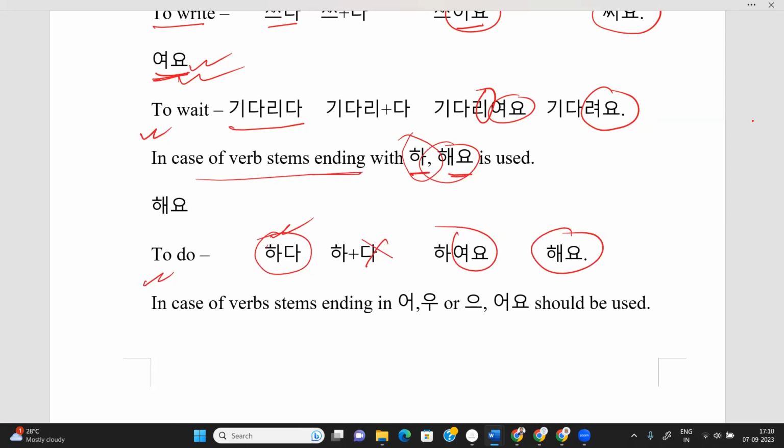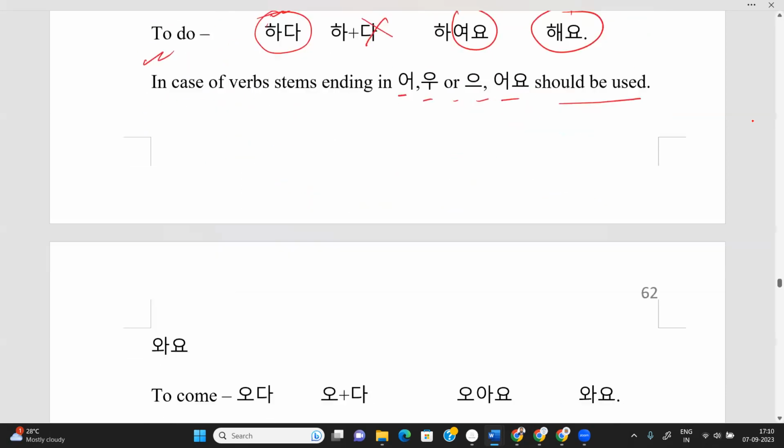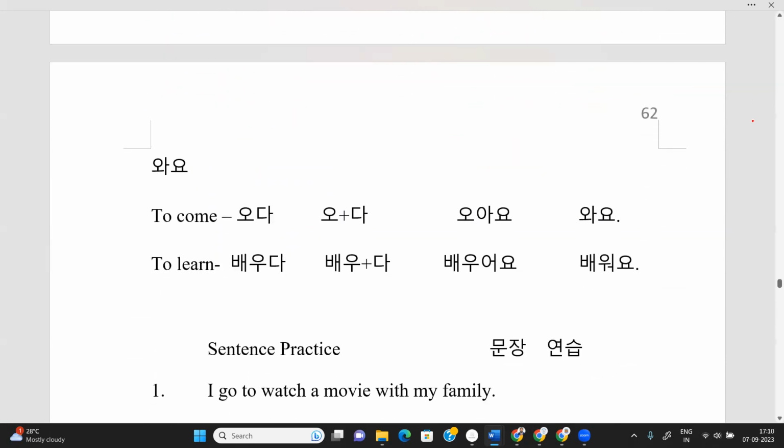In case of verb stems ending in o, u, oyo should be used. Let's see. Bwayo, to come. Oda. Remove the da, add ayo. It will become wayo.